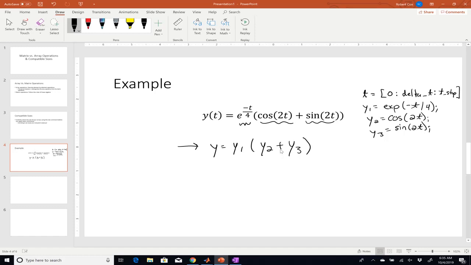The question is, is this correct? Okay, it's not. And that's something we want to be careful about.